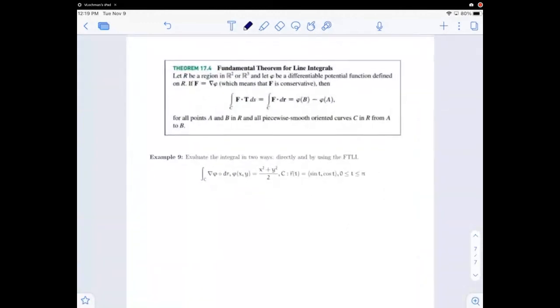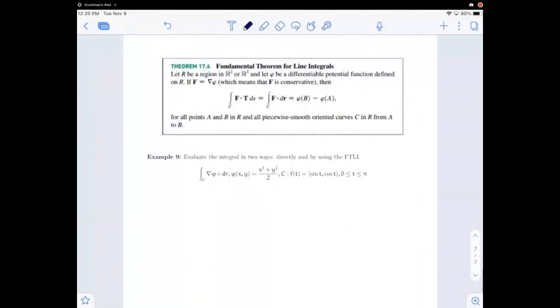Fundamental theorem for line integrals. Okay, big result, very important. Let's see what it says. We have R is a region in R2 or R3, and we have a function phi that's a differentiable potential function. So these are your keywords here, okay?